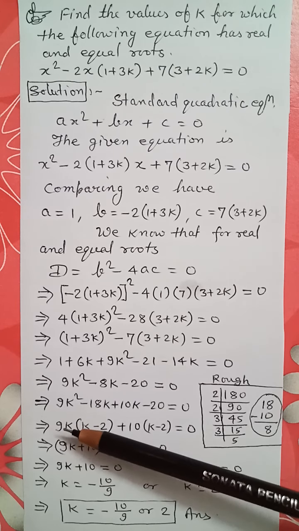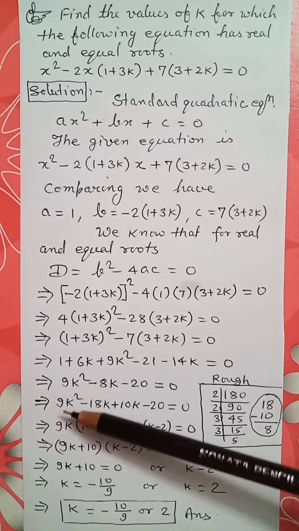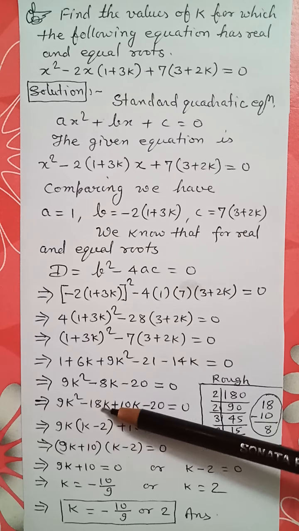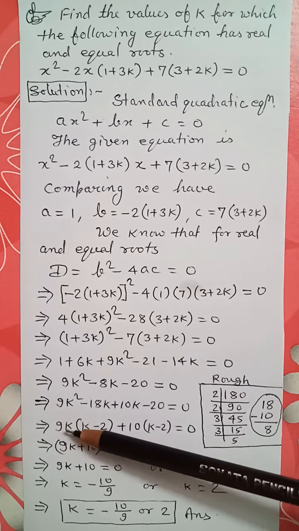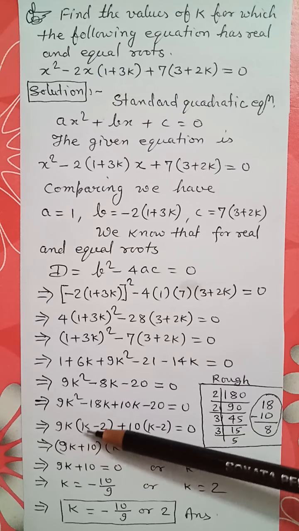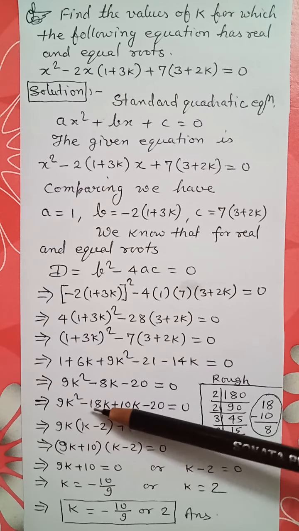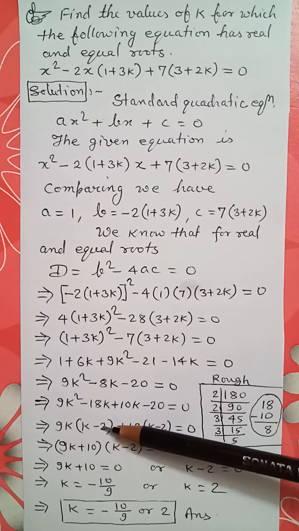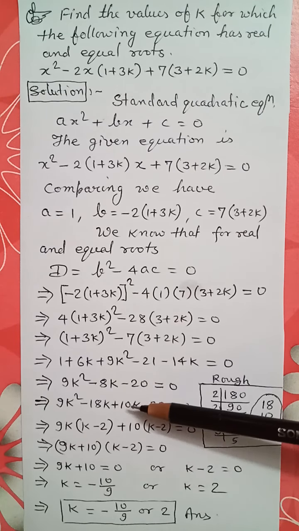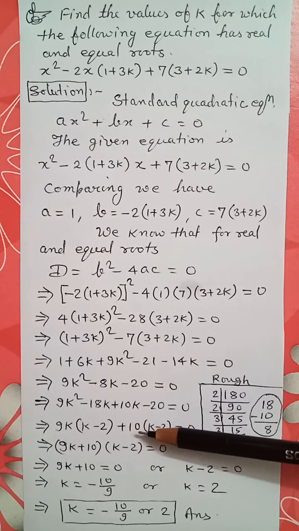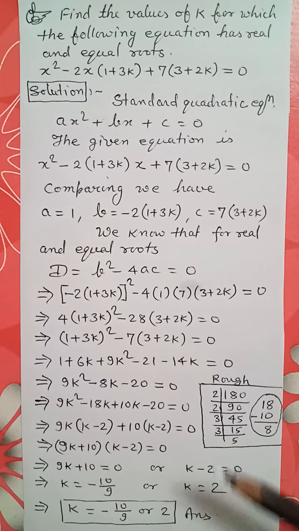Now, grouping these terms, here in the first term and the second term, 9k is a factor, therefore taking it outside, 9k times (k minus 2), plus here 10 is a factor, therefore 10 times (k minus 2), and this is equal to 0.